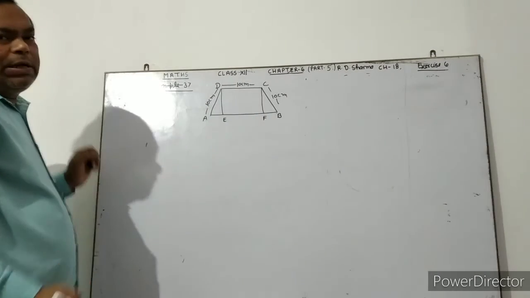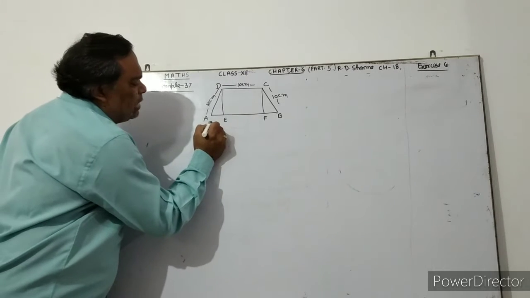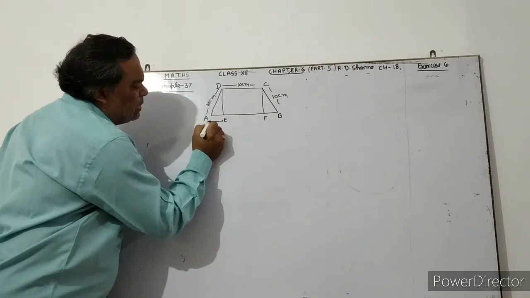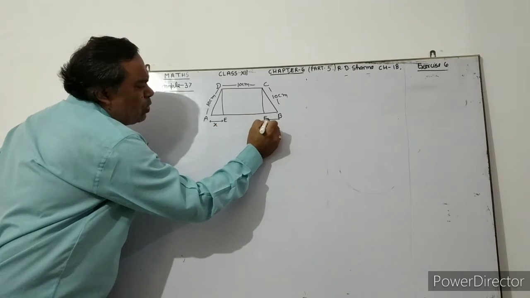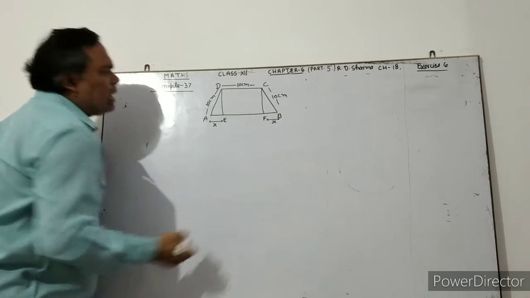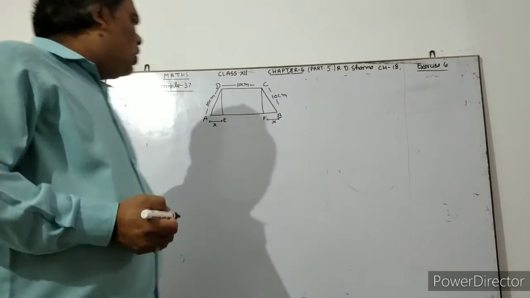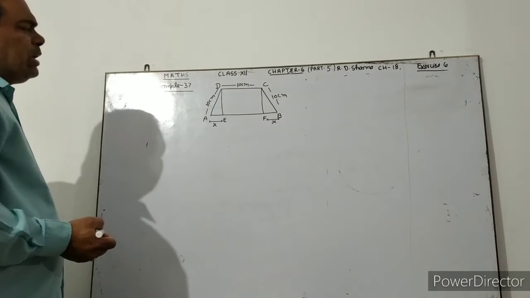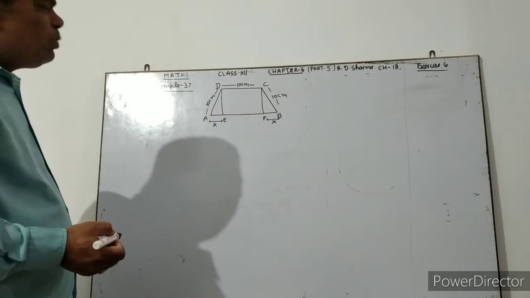Now suppose this is the X, then this is also X. This is X centimeter, then it is also X centimeter. Now what is the area of the trapezium? What is the formula?